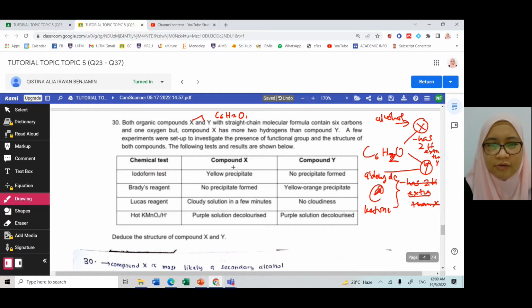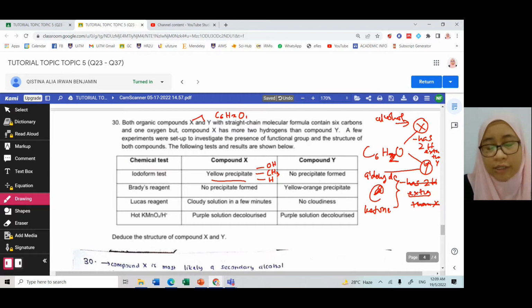So if compound X is an alcohol, it gives a positive result to the iodoform test. That means it should consist of CH3, hydrogen and also OH. This is the tip we can get from the iodoform test of compound X because it gives a positive result. But compound Y will not give a positive result.